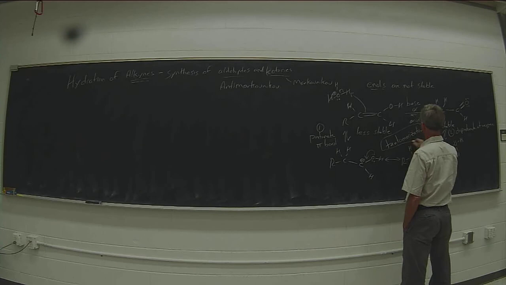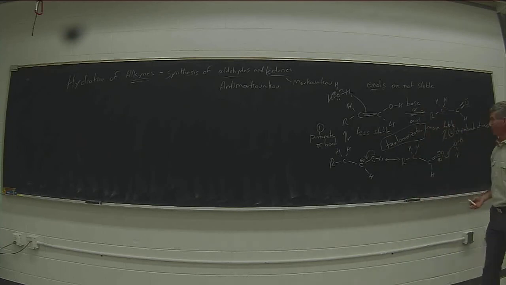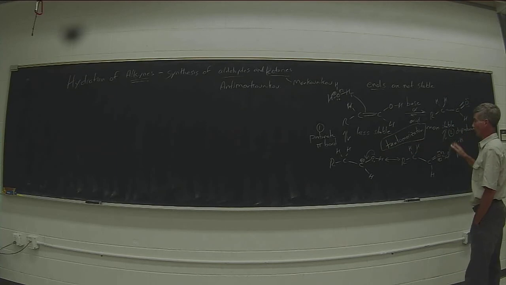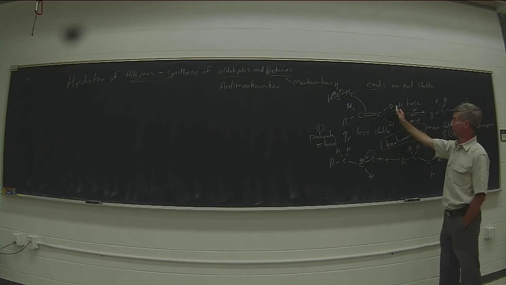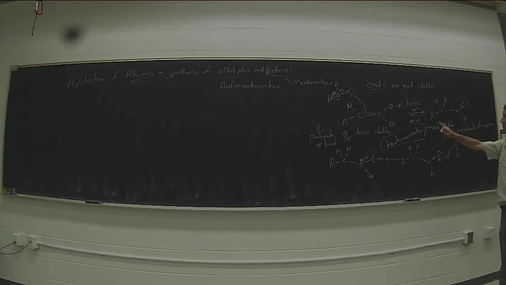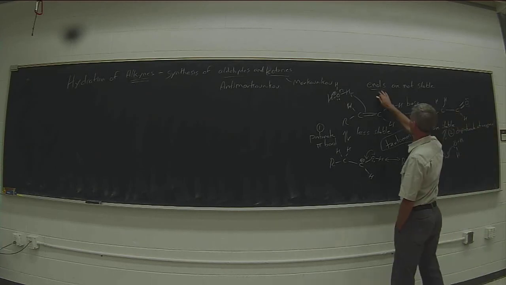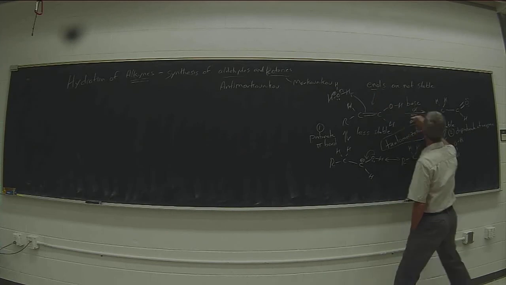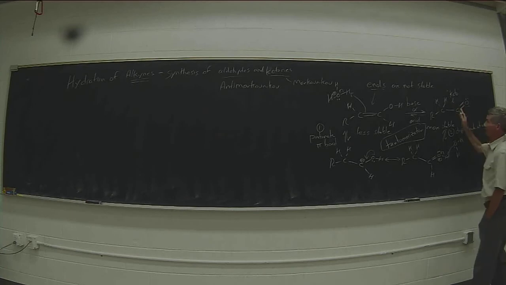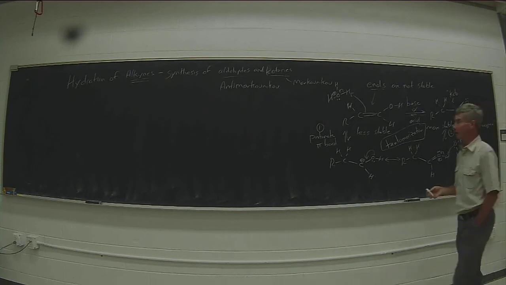And it's two steps, whether it's in acid or base: a protonation and a deprotonation in acid, and a deprotonation of oxygen followed by protonation of carbon in base. So the keto and the enol versions are called tautomers. This is the enol. This is the keto form, even though it's an aldehyde, and the keto form is always the dominant form.